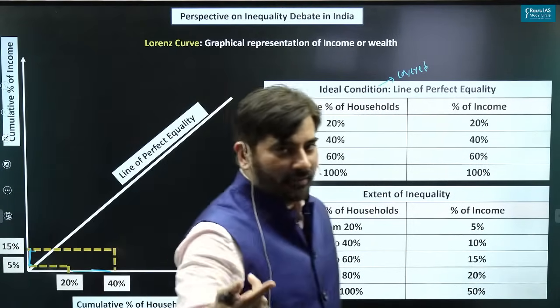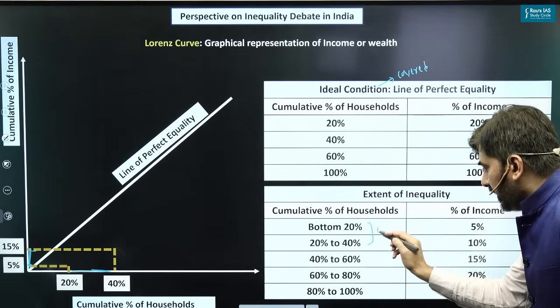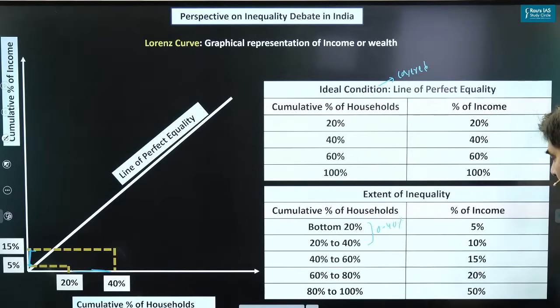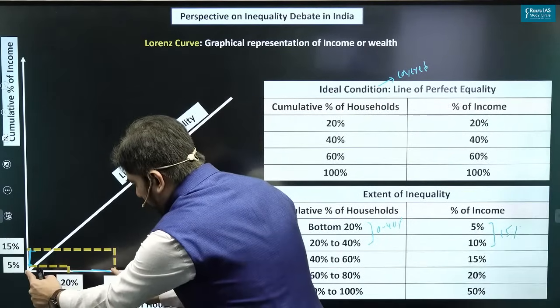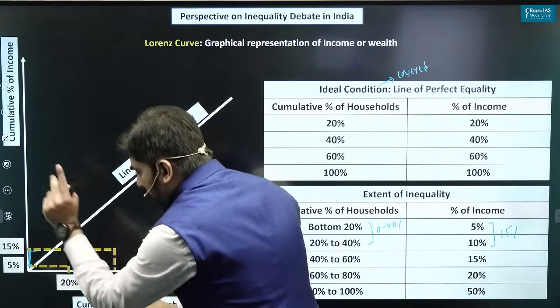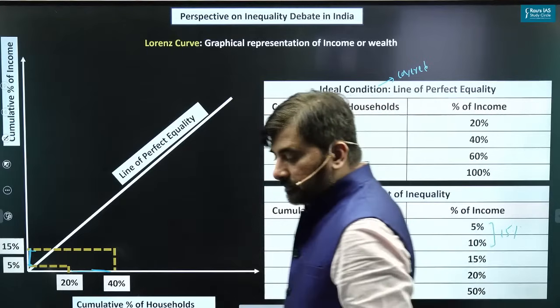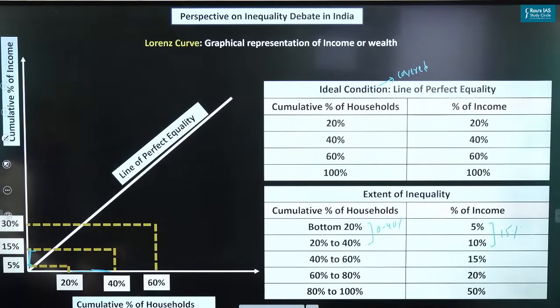I can look at it in another manner. The other manner is 0 to 40% of the households. How much income do they have access to? 5 plus 10, which is like 15%. So 0 to 40% of households have access to just 15% of income. Same way, you can see here, 40 to 60 have 15%.